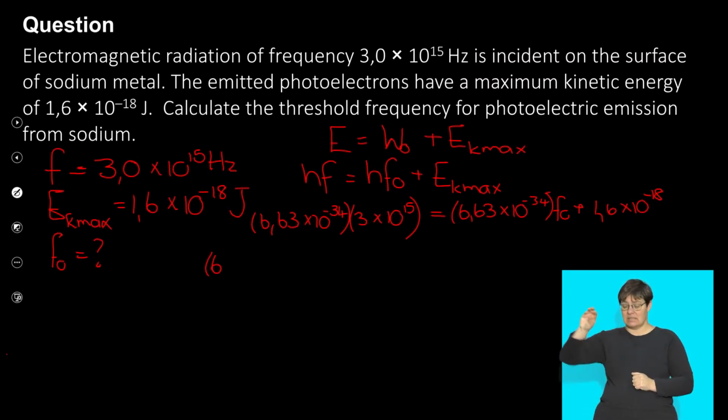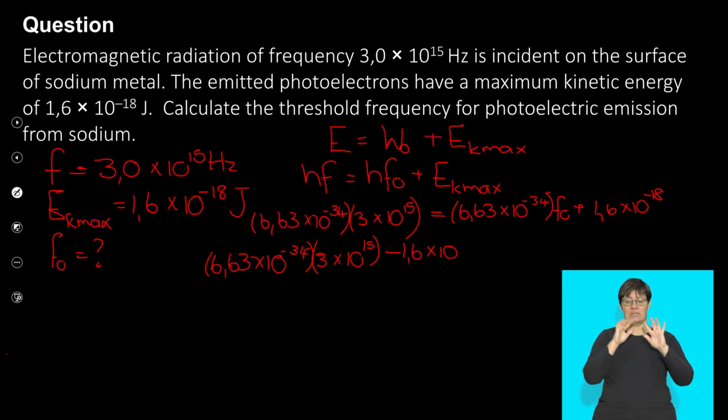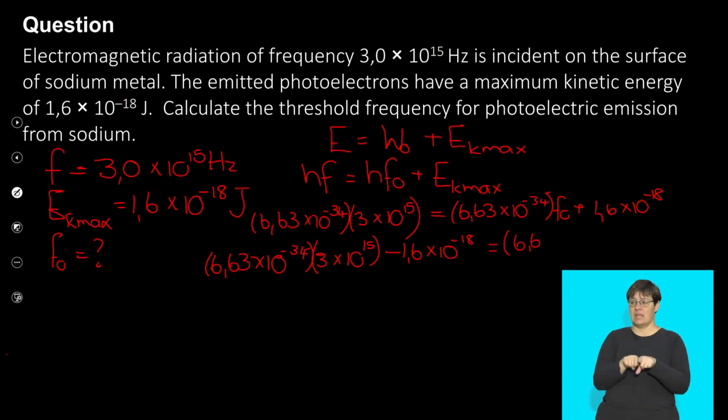So I'm going to have 6,63 times 10 to the minus 34, 3 times 10 to the 15. I'm going to minus the 1,6 times 10 to the minus 18. And we're not going to worry too much about the space, and I know it's horrible.